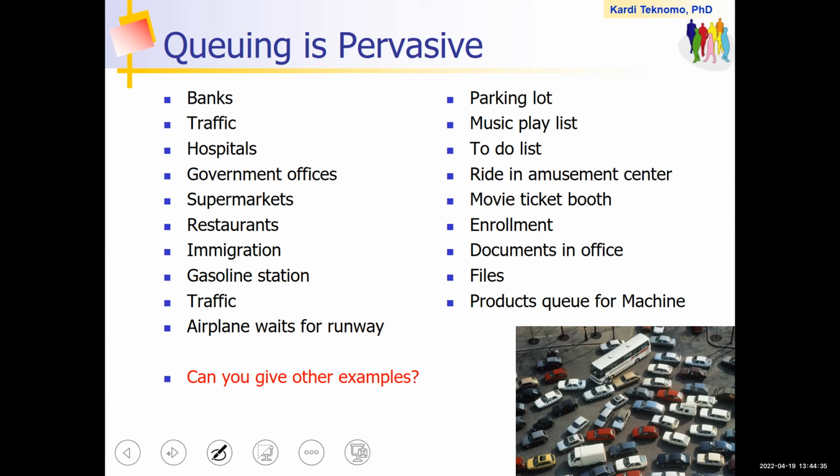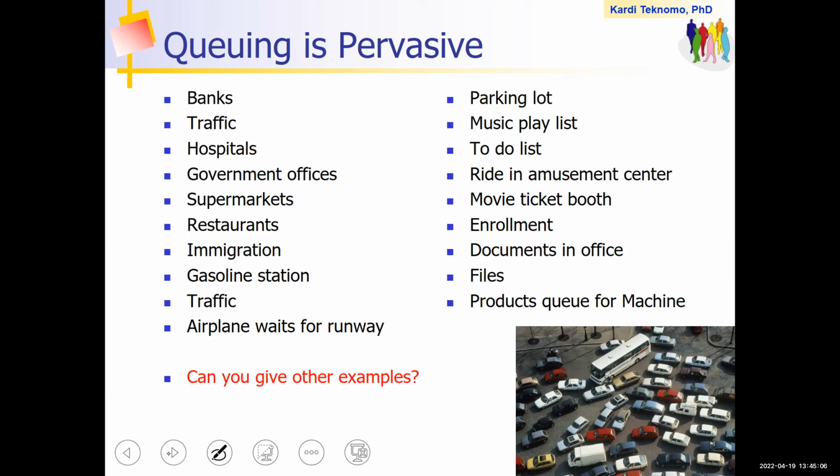That list itself is a queue, to be checked as you do them. In an amusement park like Disneyland, you want to ride, then you queue. If you want to enroll every semester or every year in the university, you do enrollment, and that also means queuing.